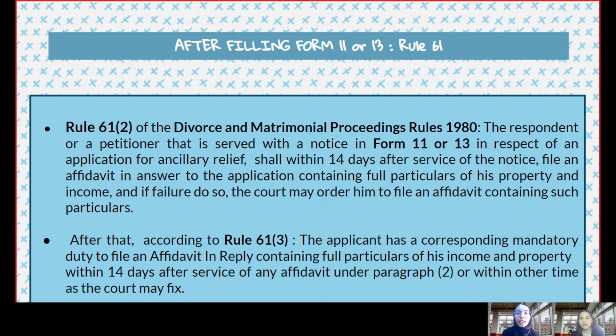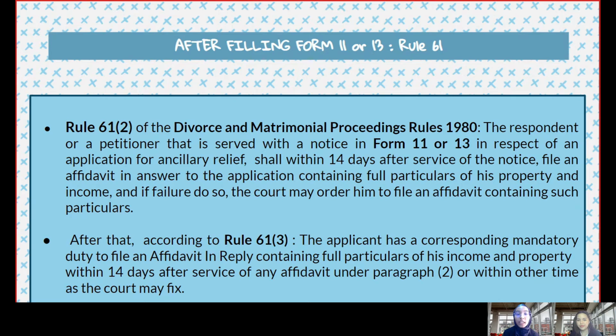Alright, so after filing Form 11 or 13, we may refer to Rule 61, Paragraph 2 of the Divorce and Matrimonial Proceeding Rules 1980, where it states that a respondent or a petitioner that is served with a notice in Form 11 or 13 in respect of an application for ancillary relief shall, within 14 days after service of the notice, file an affidavit in answer to the application containing full particulars of his property and income.